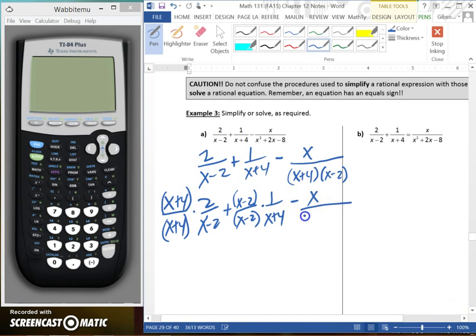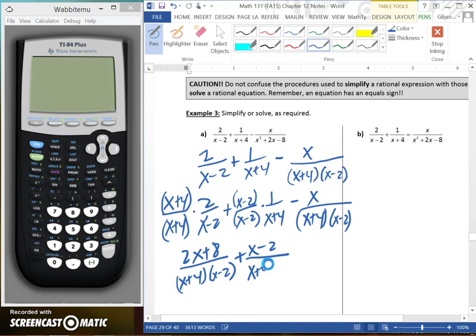And then the last term, we don't have to multiply by anything because we already have everything. Okay, so now we can multiply. This will give us 2x plus 8 all over x plus 4 times x minus 2. And then here we will have x minus 2 over x plus 4 times x minus 2. Then finally we have minus x over x plus 4 times x minus 2.